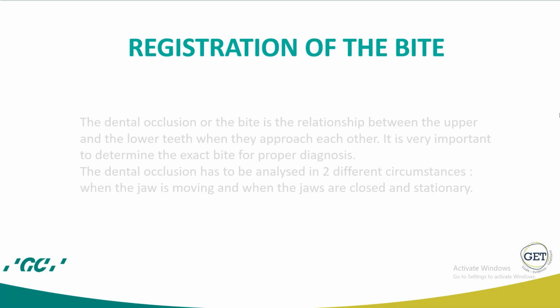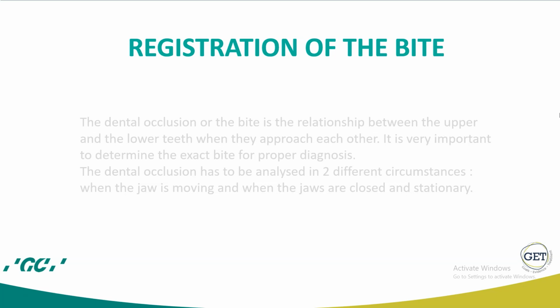In summary, the bite registration can be defined as follows. The dental occlusion, or the bite, is the relationship between the upper and the lower teeth when they approach each other.